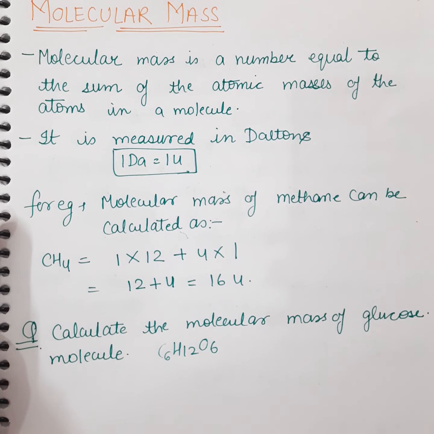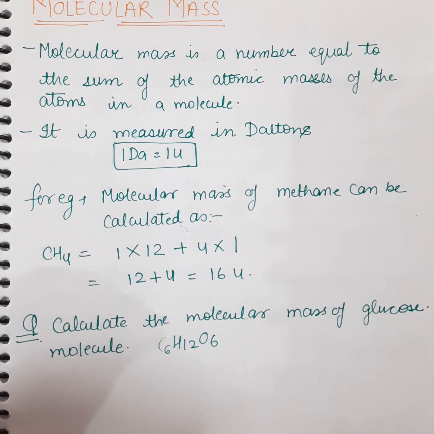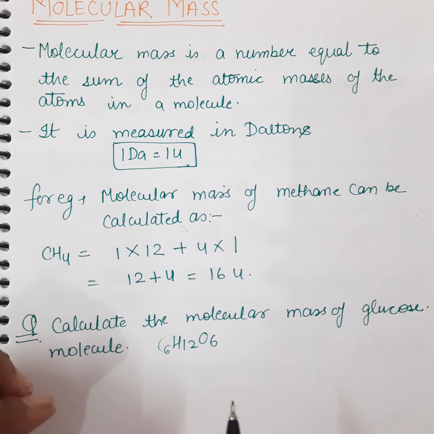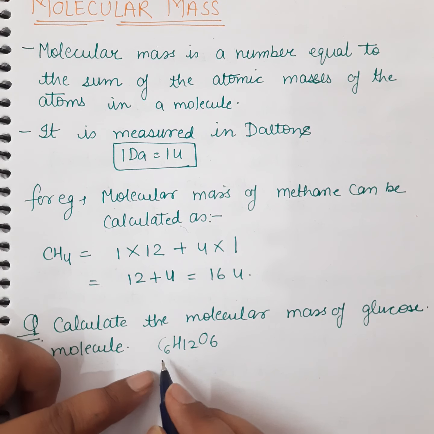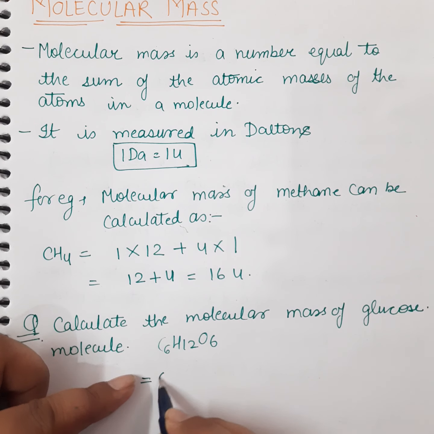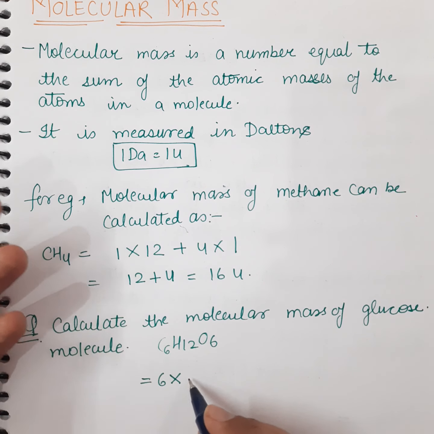Now what I have to do is number of atoms into its atomic mass, then plus, then number of atoms multiplied with atomic mass. Here you can see that 6 carbons are there, so I write 6 into the atomic mass of carbon, which if we round off is 12.